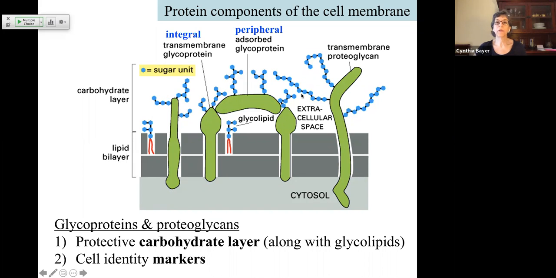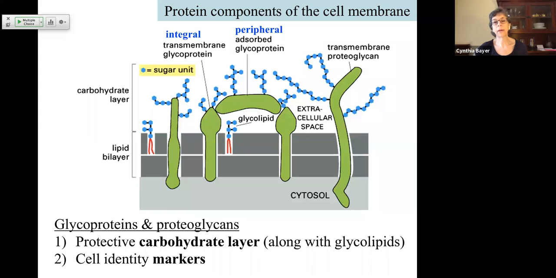Part of the reason for this carbohydrate, or one of the roles of all of these carbohydrates that we call a carbohydrate layer, is to protect the cell. It protects because it's covering the whole cell surface, it's going to protect the cell from chemical damage, from mechanical damage. In addition to, as I had mentioned previously, the presence of different combinations of sugar subunits on these glycoproteins and glycolipids will give a specific identity to a cell.